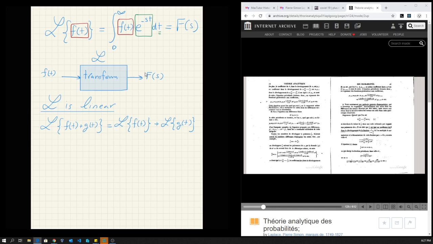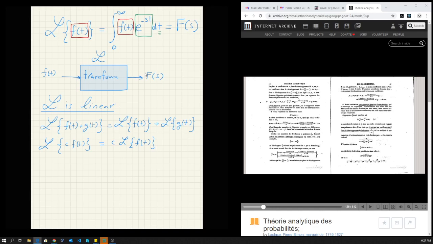If you take the Laplace transform of some constant times f of t, you get the constant times the Laplace of f of t. So the Laplace transform is a linear process, or linear transform, which is a very powerful tool for us.